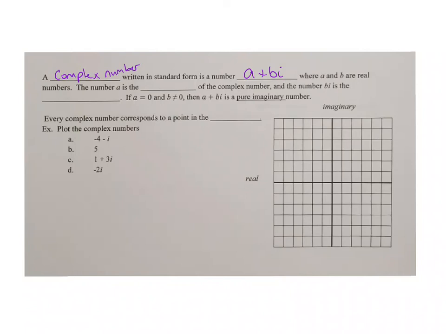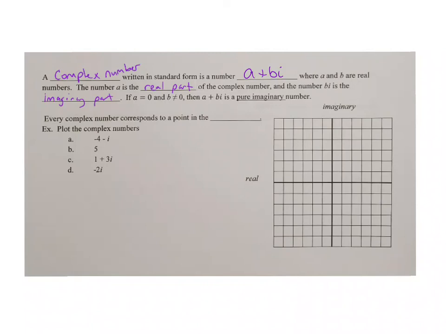So that means imaginary numbers are part of complex numbers. The number a is the real part of the complex number, and the number bi is the imaginary part. So they like to break it down into an imaginary part and a real part. If a is 0, which means if it's just an imaginary, if it's just like 4i or 7i, then we call that a pure imaginary number.